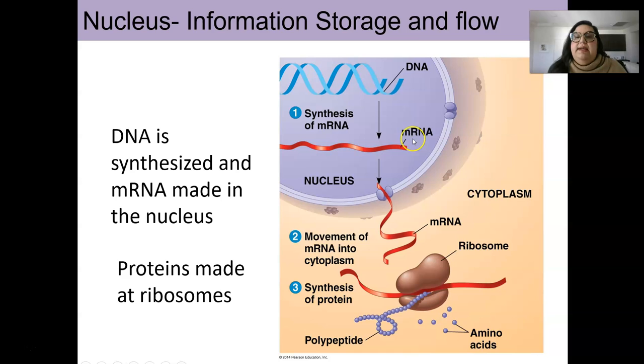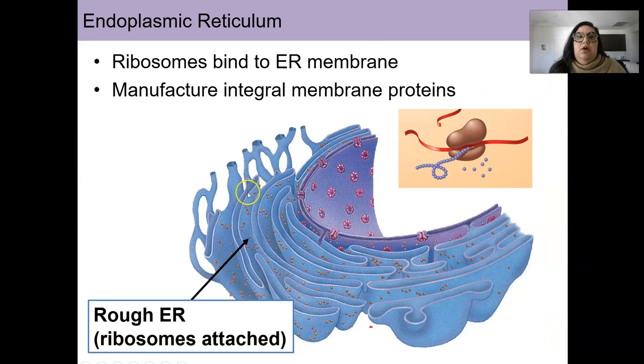After the mRNA is made, it flows out of the nucleus to the ribosomes. The ribosomes are located on the rough ER, or the endoplasmic reticulum. And this is where the proteins are made.